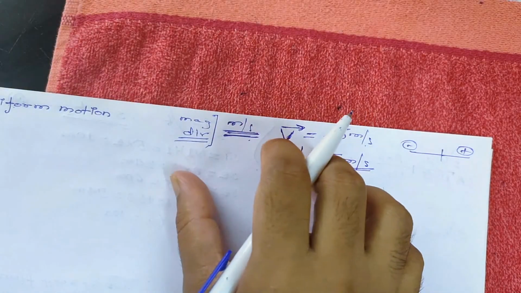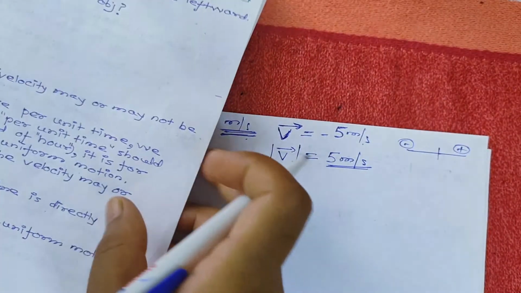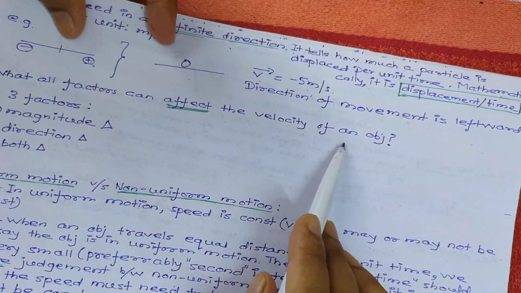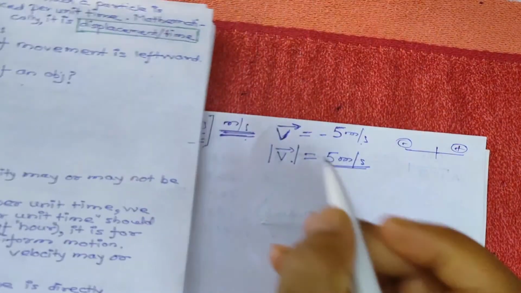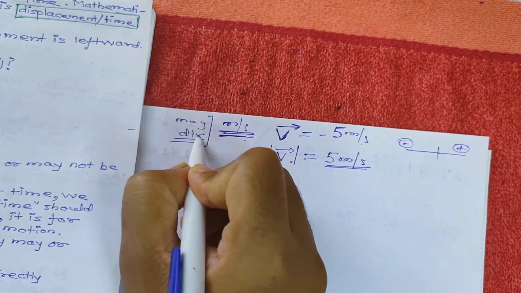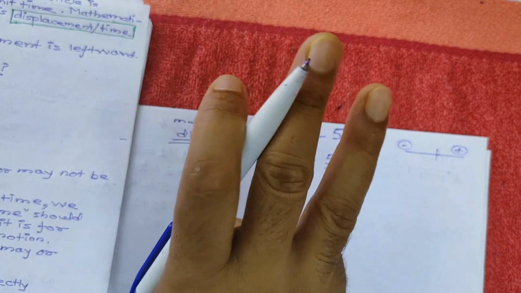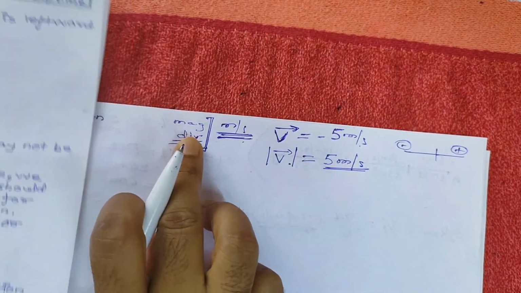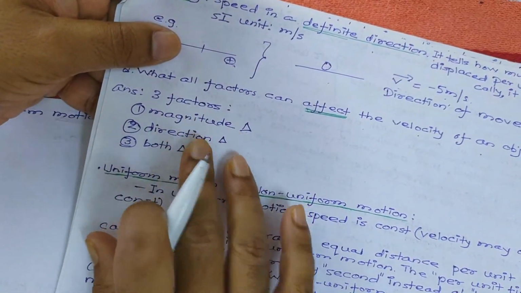Secondly, let us revise one thing. We have learned what factors can affect the velocity of an object. Velocity has magnitude and direction, okay? So we can bring a change in velocity in three ways, by introducing a change in magnitude, direction, or both. We have already studied that.